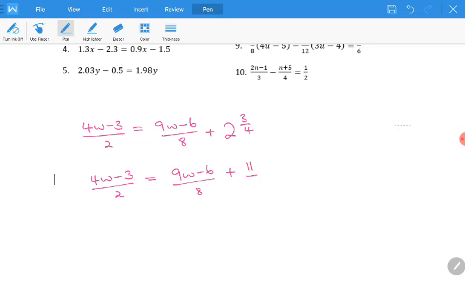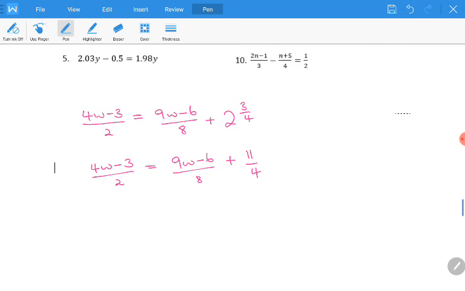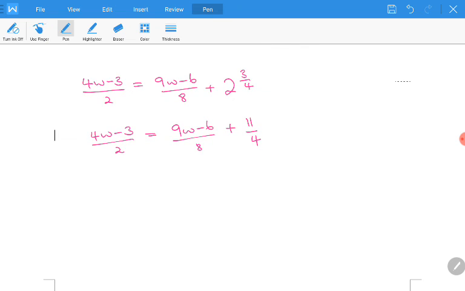So plus 11 over 4. Here I could have said, let's multiply through by 8 to get rid of the fractions. But we are going to solve it in another way.